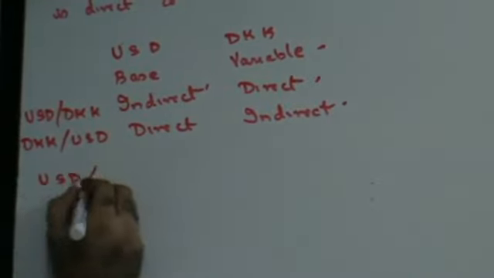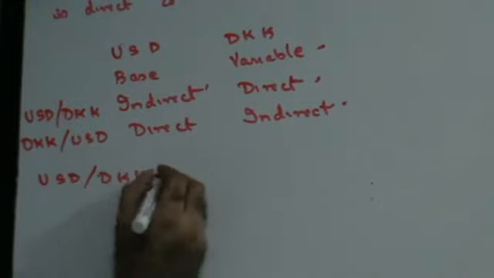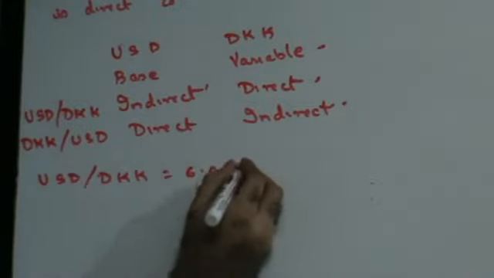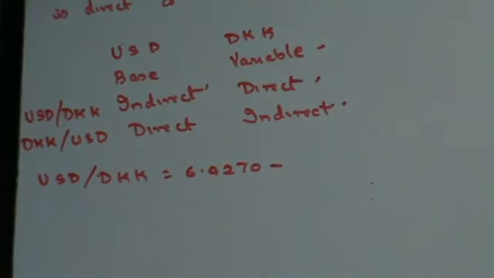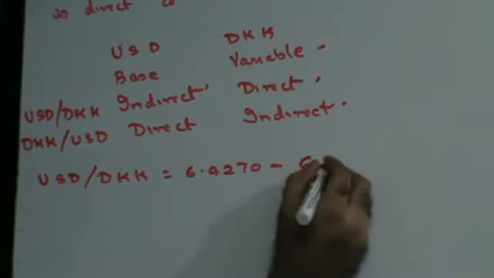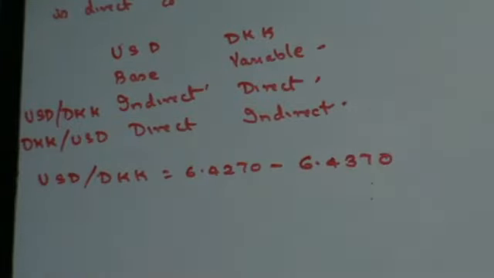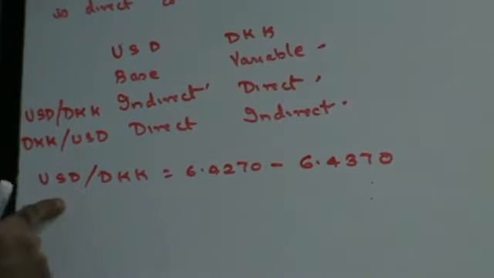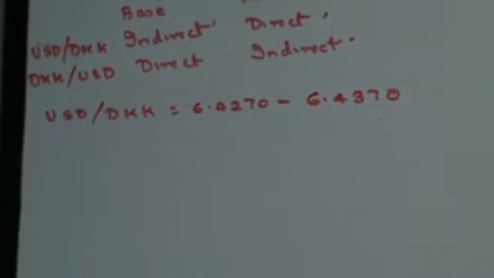They've given you USD DKK is 6.4270. Now if the last two digits are same, you increase the digit before that by 1. So this will be 6.4370. Out of the two rates, the first rate is called bid and the second rate is called ask.